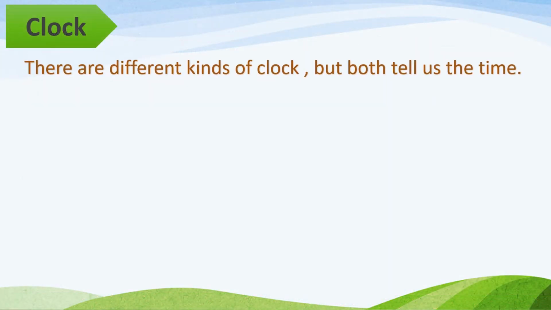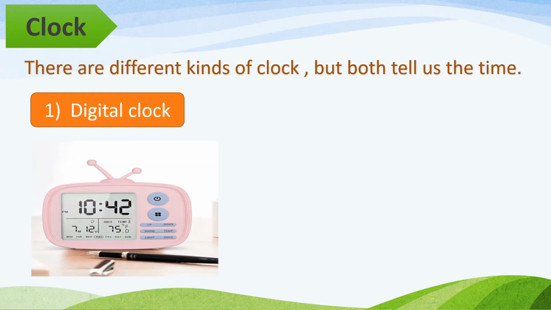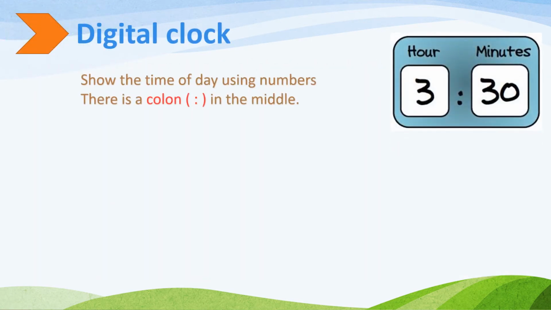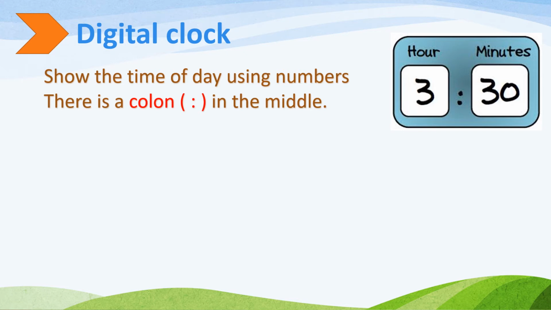Now clock. There are different kinds of clock, but both tell us the time. Number 1, digital clock. Number 2, analog clock. First, digital clock. Show the time of day using numbers. There is a column in the middle.